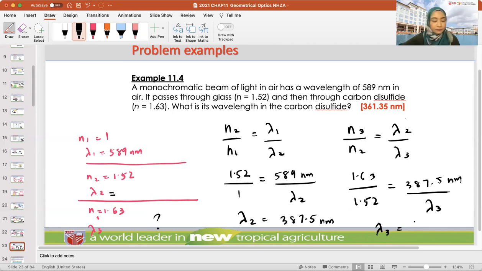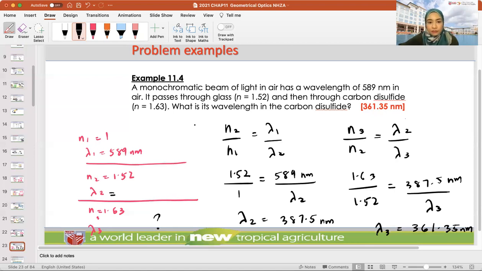So lambda 3 is going to be equal to 387.5 divided by 1.63 times 1.52. So you would get 361.35 nanometer. Unit wajib. Wavelength always has meter somewhere.